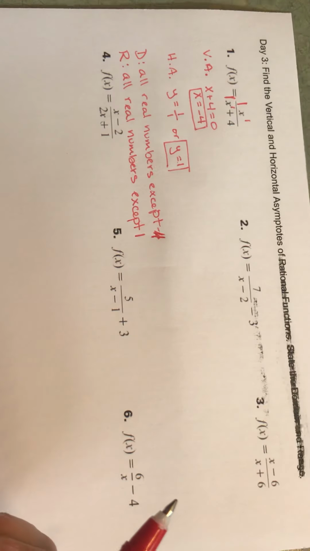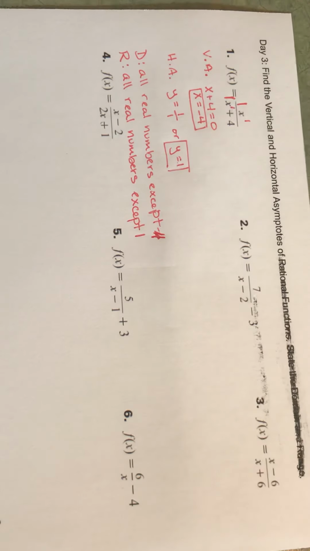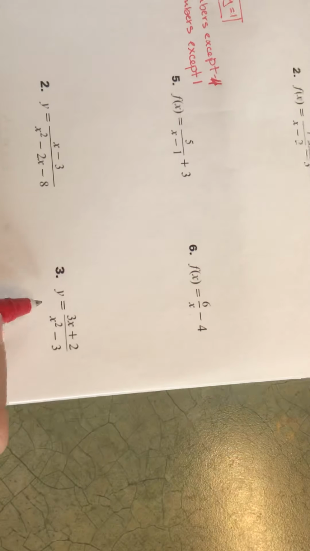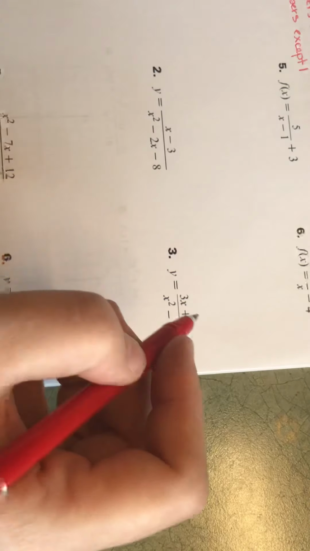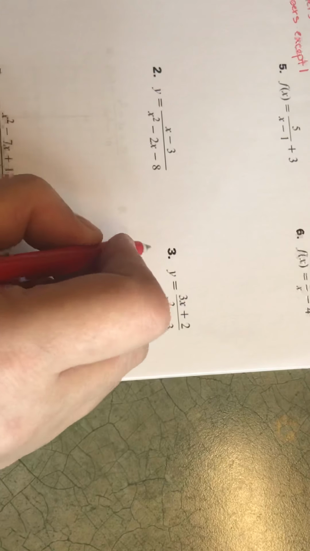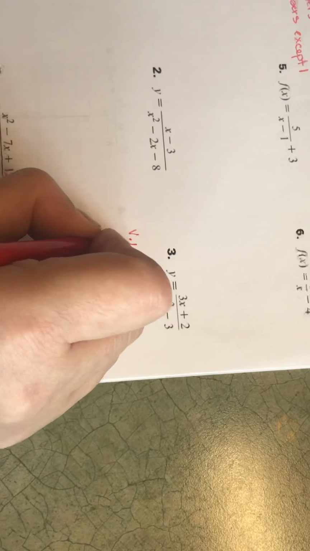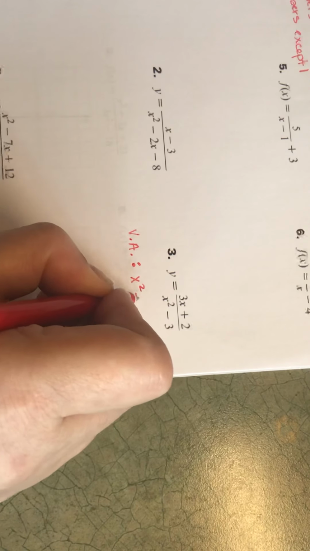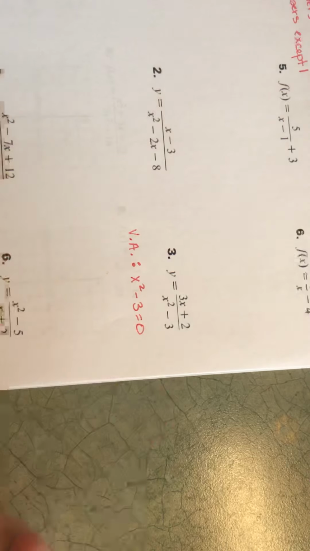Let's do this one down here. Okay, so the vertical asymptote: x squared minus 3 equals 0.